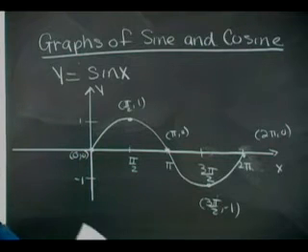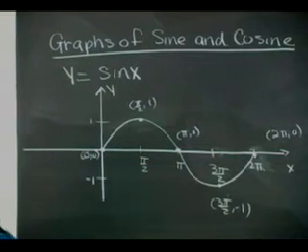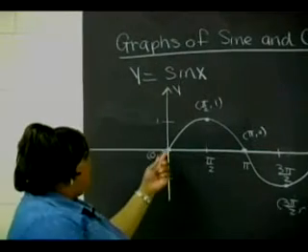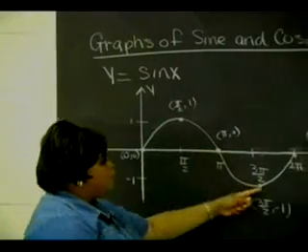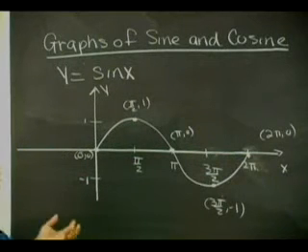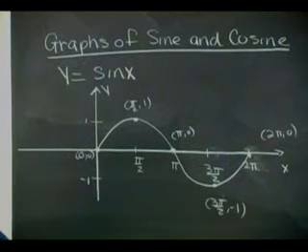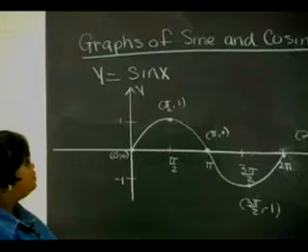Okay? Notice, I have those 5 key points that I was talking about. I have an intercept here, a maximum, an intercept, a minimum, another intercept. Okay? So if I know these 5 key points in dealing with this sine graph, then I should be okay as far as graphing.